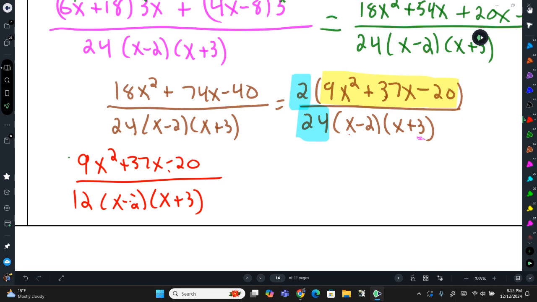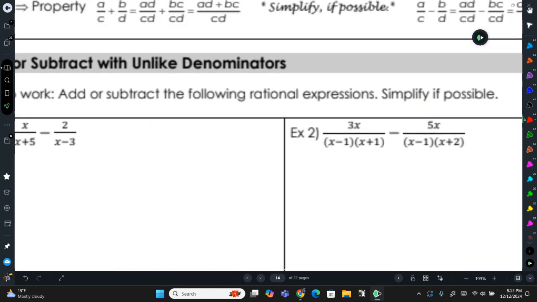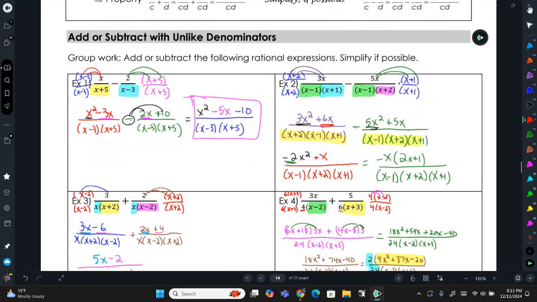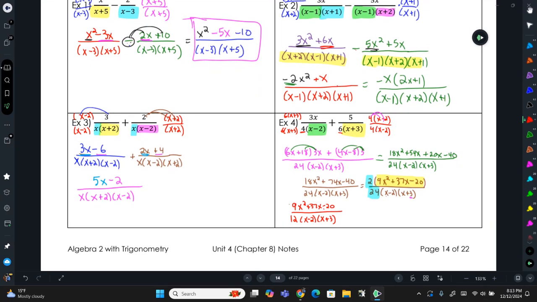So just like our previous lesson when we were simplifying and then that turned into multiplying and then that turned into dividing, and each of those skills stacked on each other, this works the same way. We started adding with like denominators and canceling when we could. Then we added when denominators were not the same.